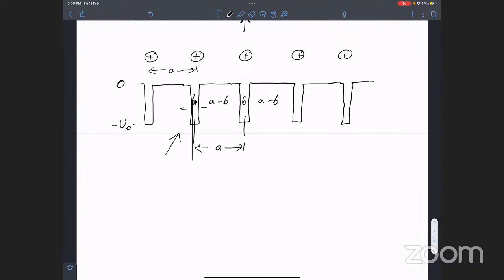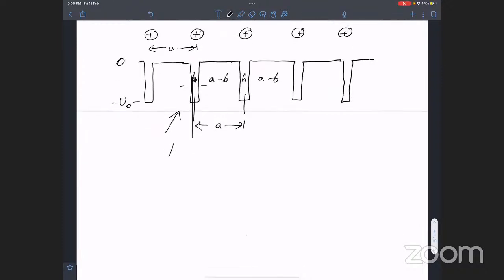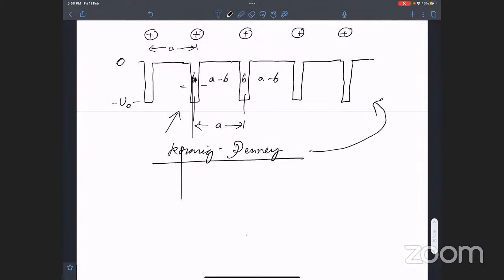So this was the potential that these two scientists, Kronig and Penney, considered. This is the model. They considered the potential to be of this form, and they solved the Schrodinger's equation in that system.